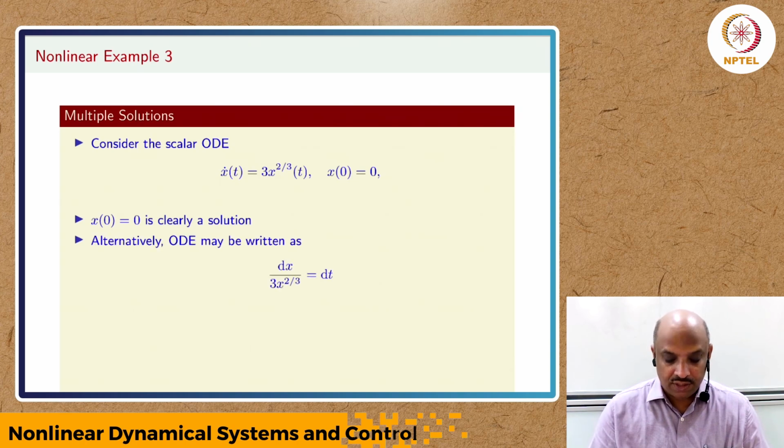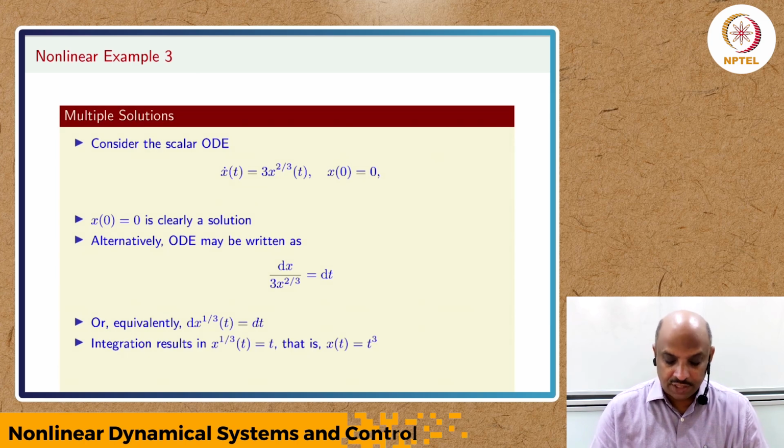Alternatively, we can use the standard differential form by rearranging dx and dt, and then by integrating, we get x of t equal to t cube as another solution.